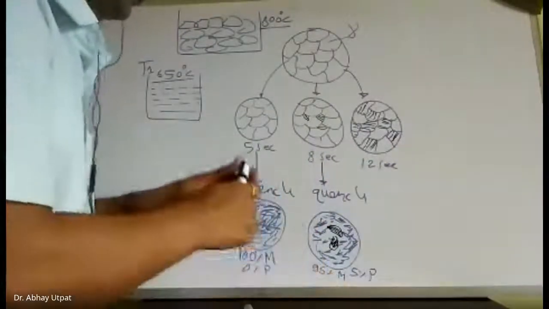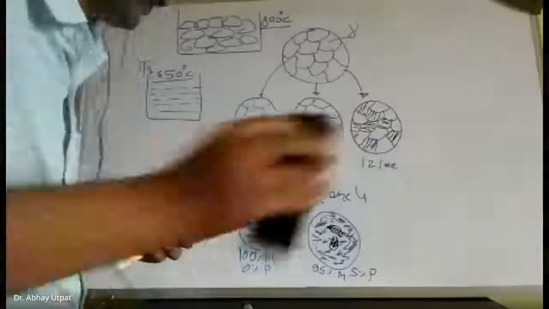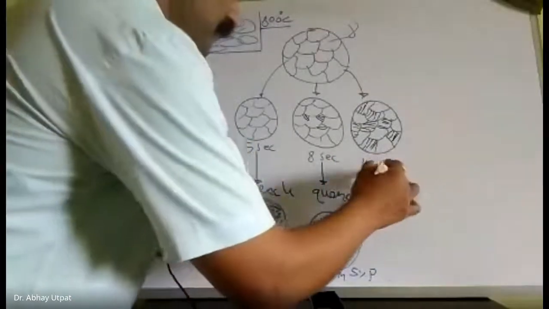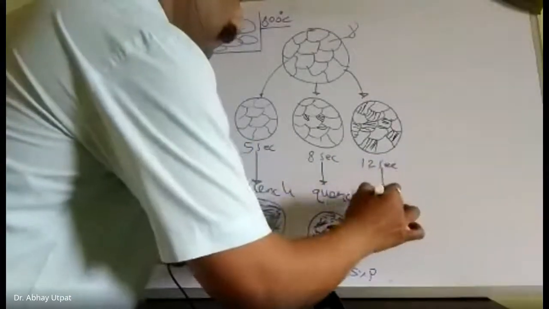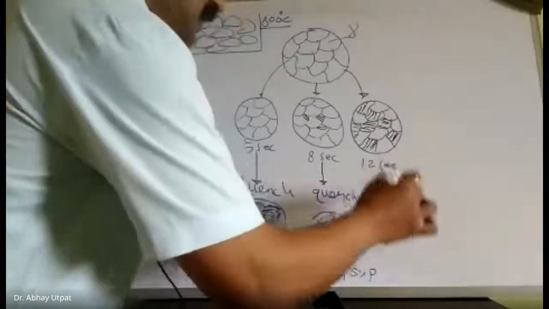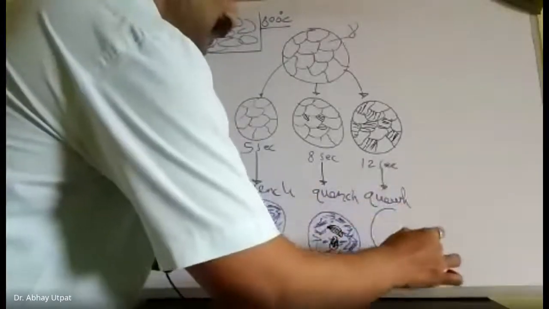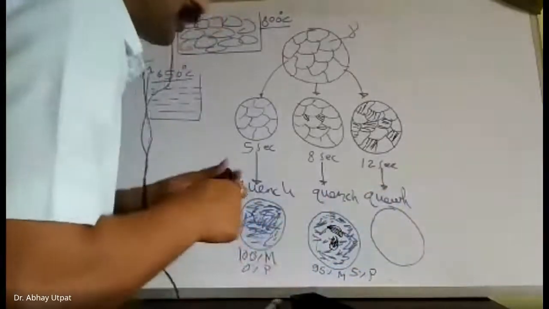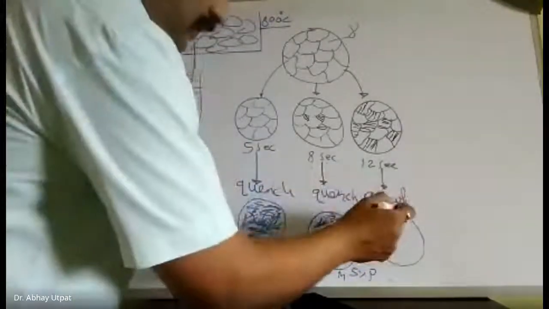Here you observe that some transformation has progressed. The same sample I will quench, and now I got almost 40% pearlite.